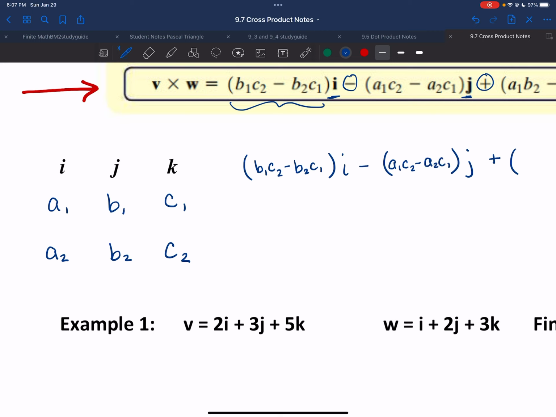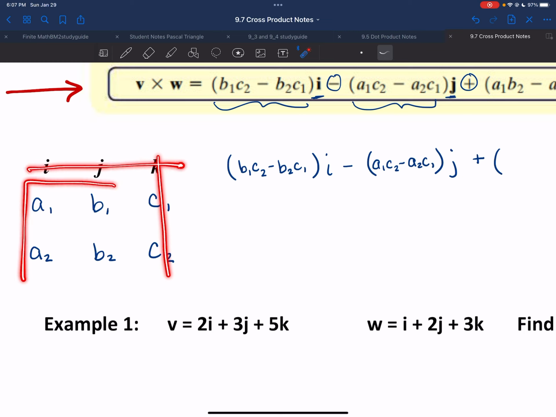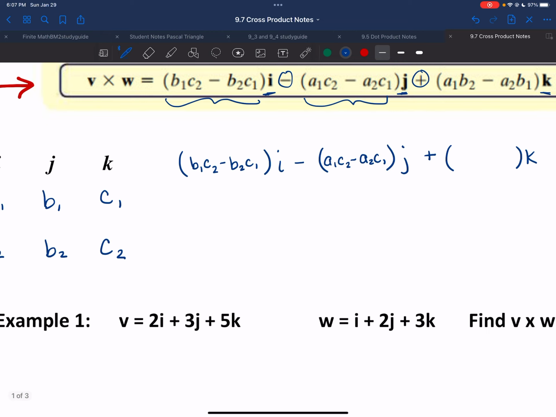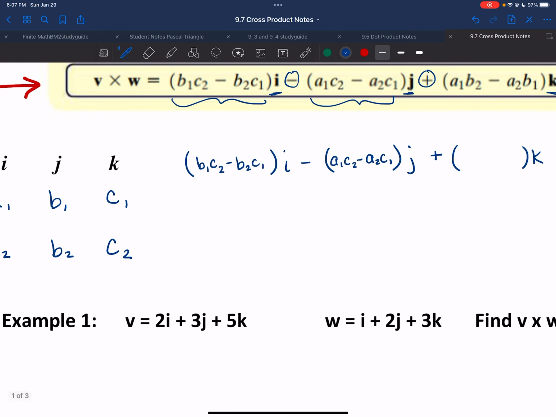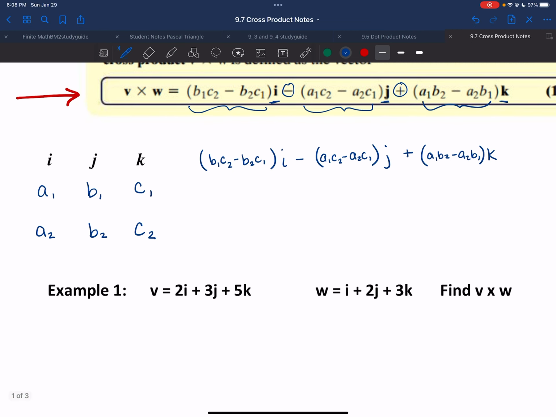And that's exactly what they have up here. And then the last one, we're looking at k, and again, my k is off limits. So this is what I'm going to be doing my cross product with: a1b2 minus a2b1. And of course that matches with this. So that's how we do it.